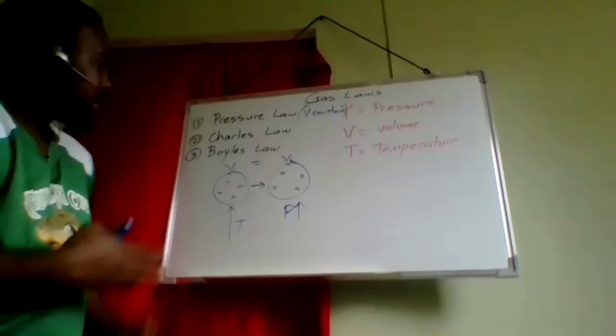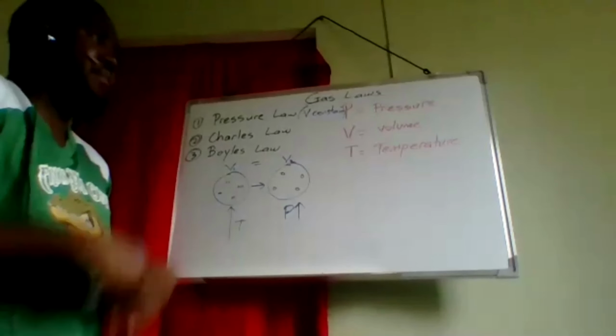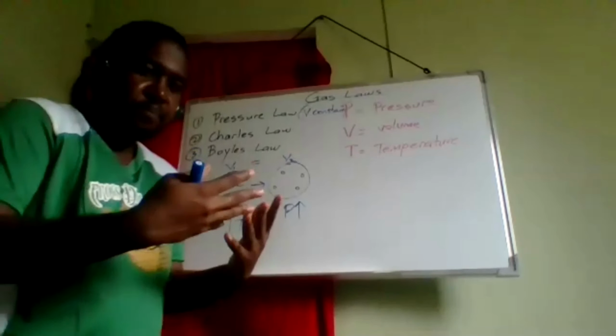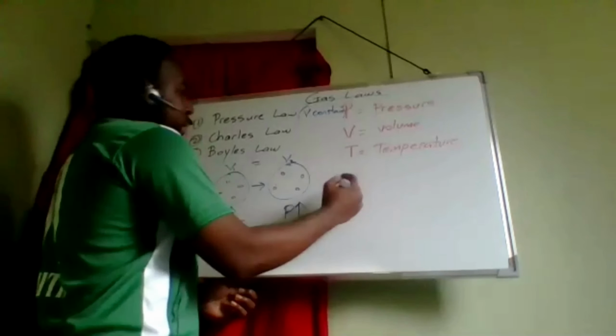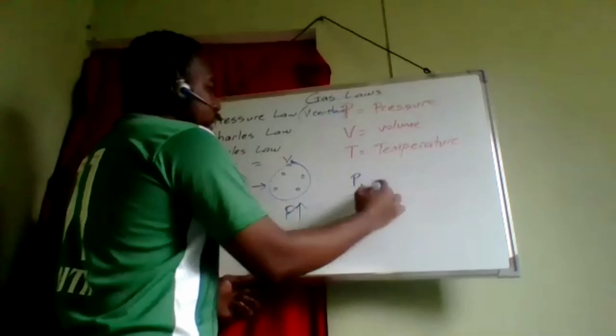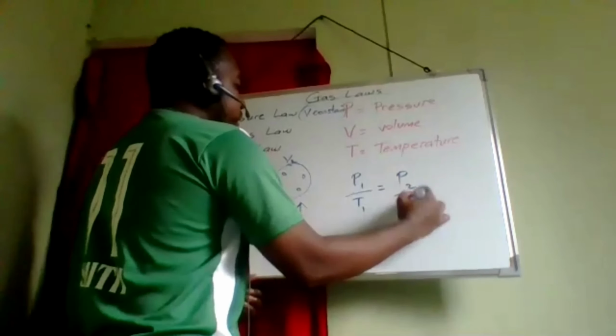And that's because you're giving the particles more energy so they can move about and hit each other, so they create more pressure, right? So in that case, we know that for pressure law, the equation would be that P1 over T1 equals P2 over T2.